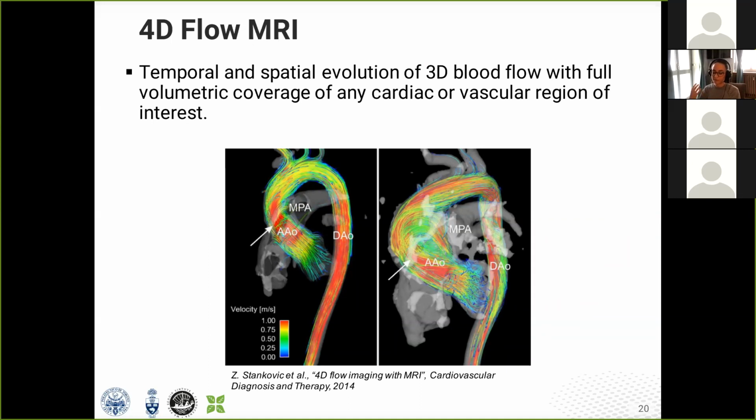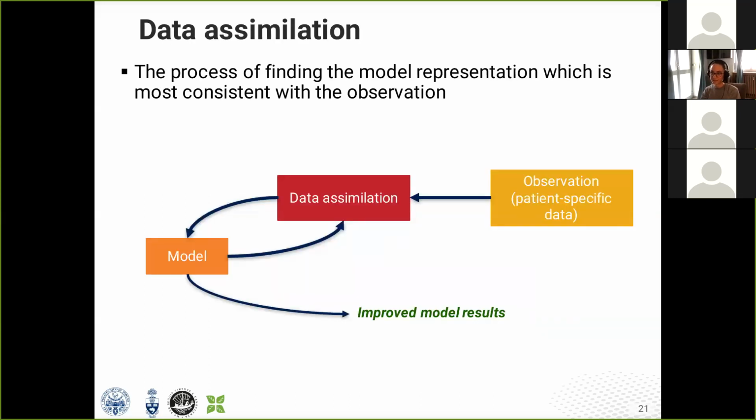The problem of including data into mathematical models is not new, and there is a whole branch of mathematics that takes care of that, called data assimilation.